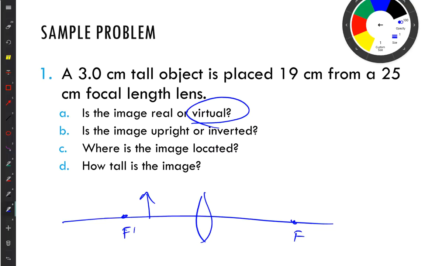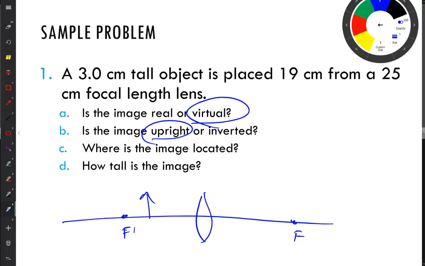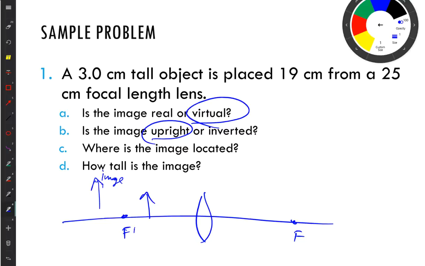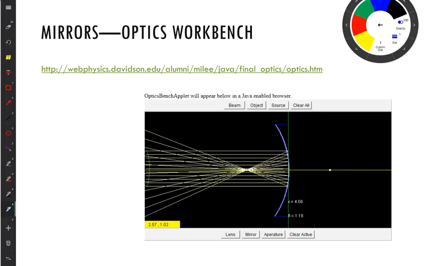Upright, because if it's virtual, it's going to be upright. Where is it going to be located in rough terms? Not the actual distance, but in rough terms. It's going to be somewhere out here for the image. And how tall is it? Well, we would have to do the math for that. Taller, yes. Okay, so that was without the math.